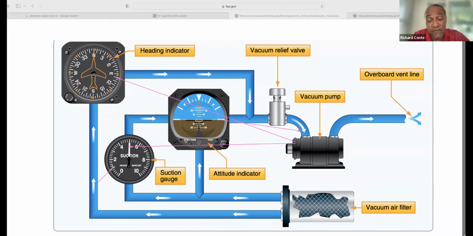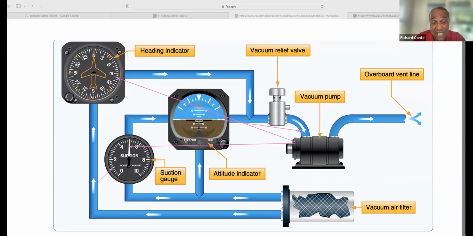The very first thing they'll check is maybe the air filter is clogged. They may check the relief valves. Certain things may be blocking the pump from working normally. But at least they understand they've got an issue with the vacuum system, maybe the vacuum pump or the lines. Versus if you said, by the way, I had to reset my compass every 5 minutes to match the whiskey compass.